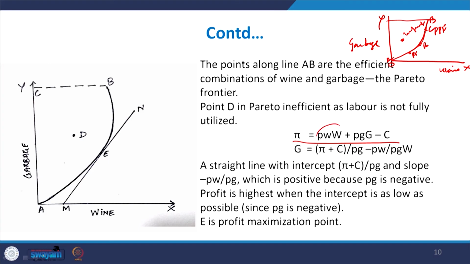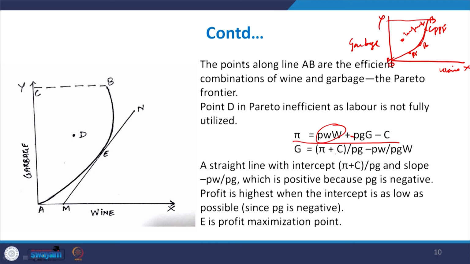This is the total revenue received by the firm. PG is the price per unit of garbage, and actually this is negative, since PG is negative, multiplied by G. So, PG times G is the cost, and the revenue received by the company after selling wine in the market, minus the cost of garbage, will be the profit.